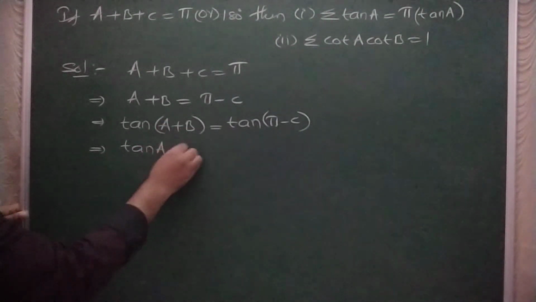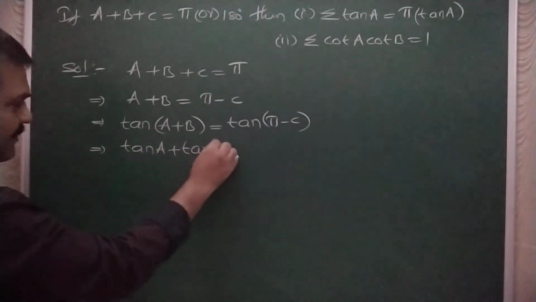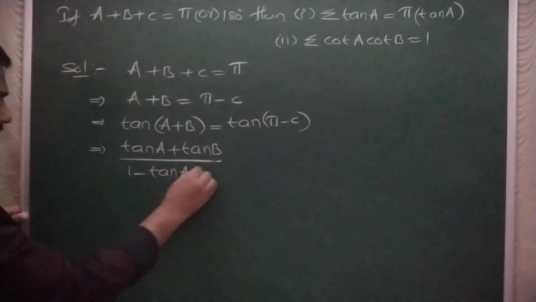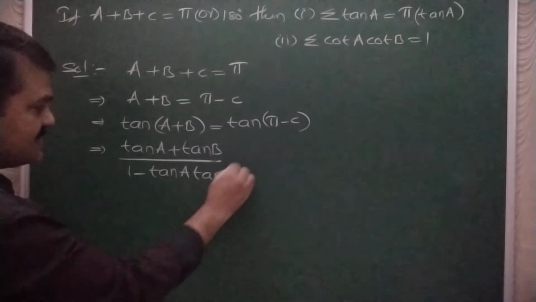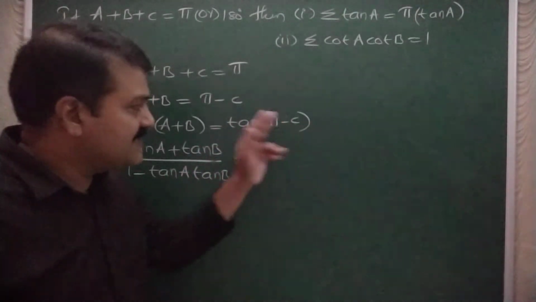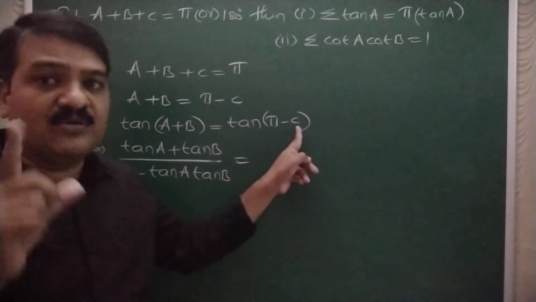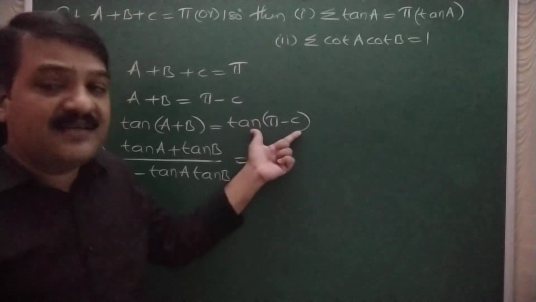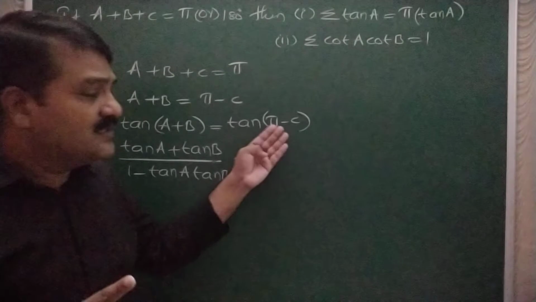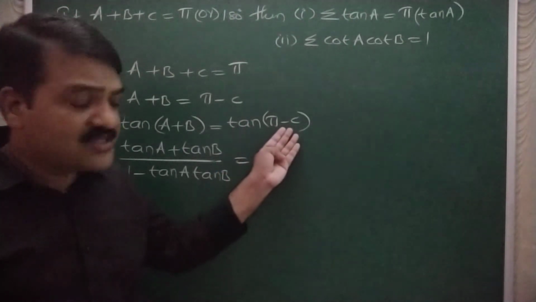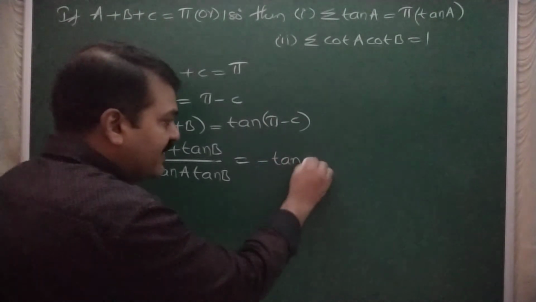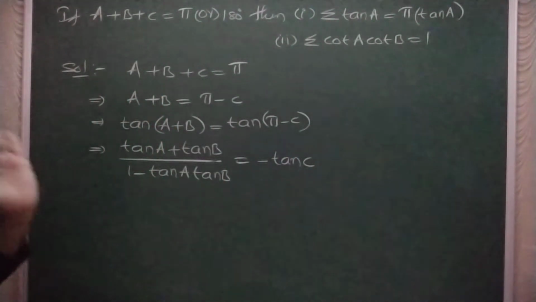Tan A plus tan B by 1 minus tan A tan B. In the RHS side, tan of pi minus C means 180 minus C, that is second quadrant. So in second quadrant tan is negative. And since we have 180 degrees or pi, the trigonometric ratio will not change. Therefore tan function will be negative. Minus tan C we will get.